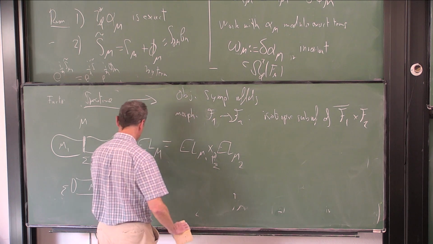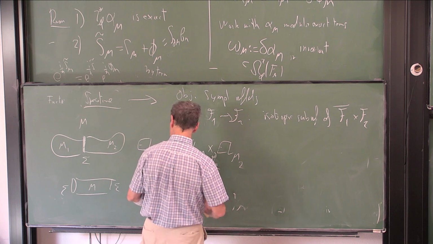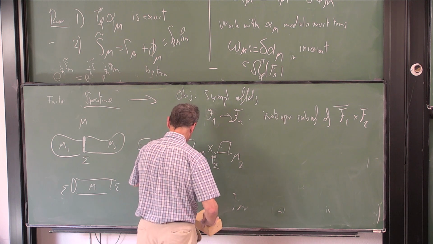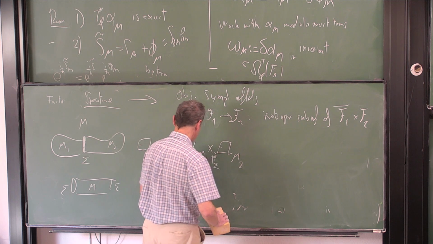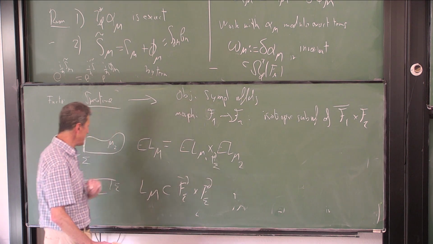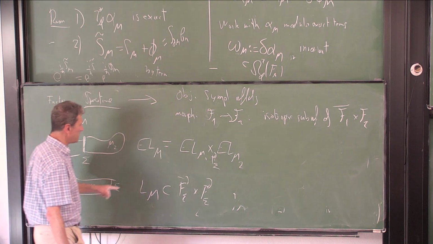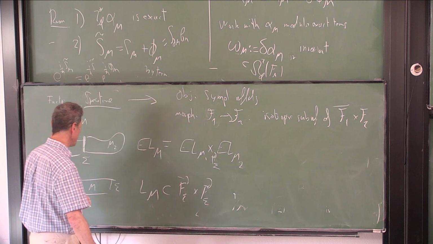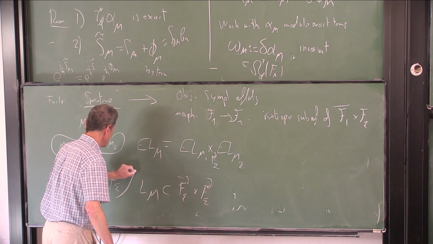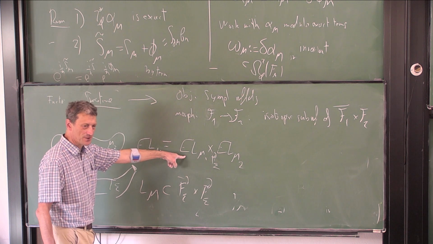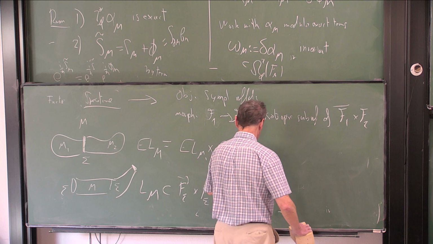When you go now to L_M, this is some submanifold of F_sigma boundary cross F_sigma boundary, and this is isotropic there. And so here you start thinking of this as a morphism, and this composition tells you that if I extend this by something else, I have to do this operation, which turns out to be the composition of relations.